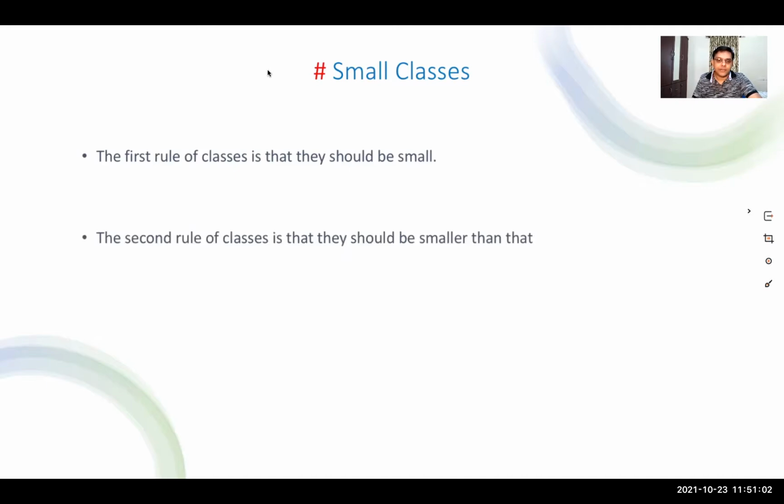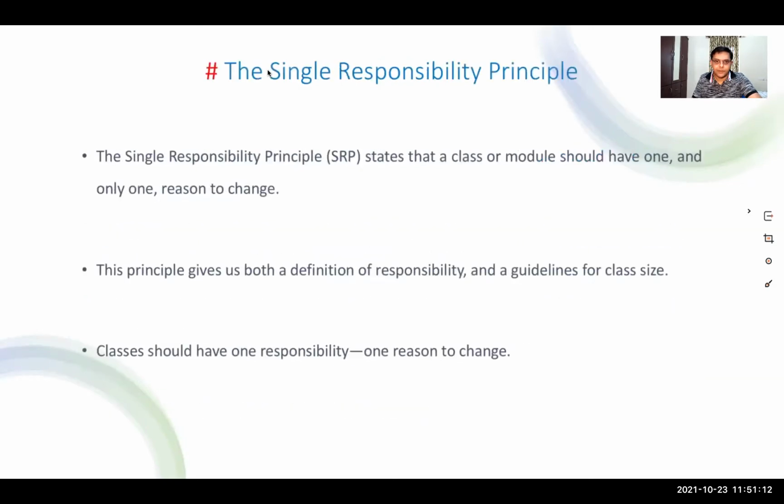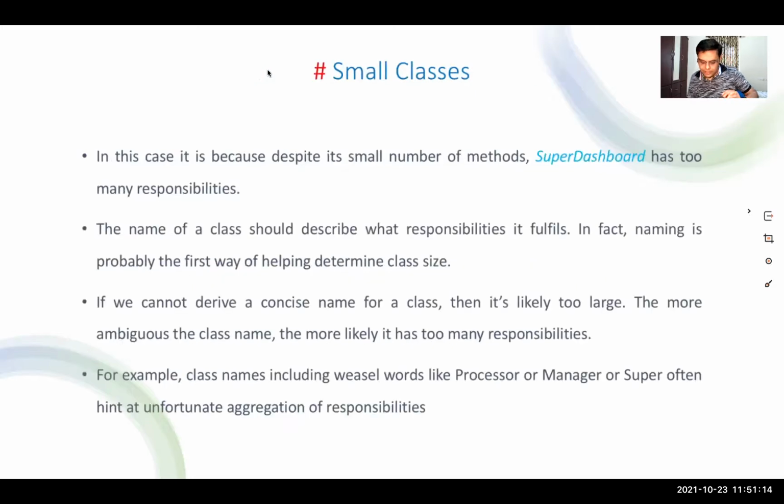So the same way for classes also. The first rule is similar to what we said for methods or functions. The first rule for classes is that they should be small, and the second rule of classes is that they should be smaller than that. Okay, so in a lot of places, if you look into the small classes also, the name of the class, this is similar.